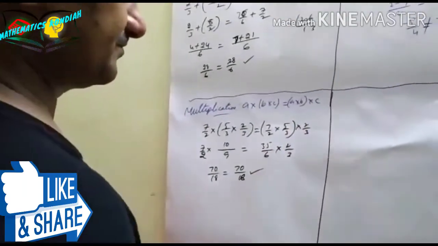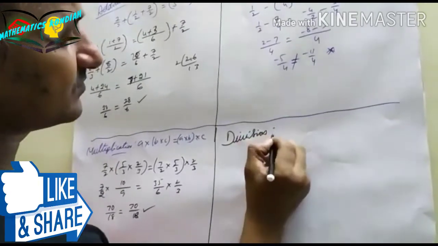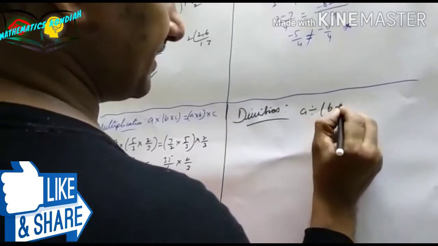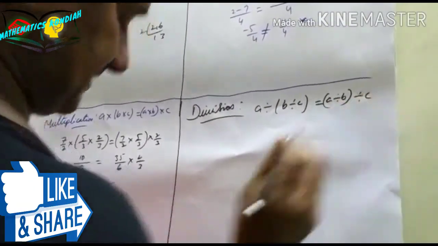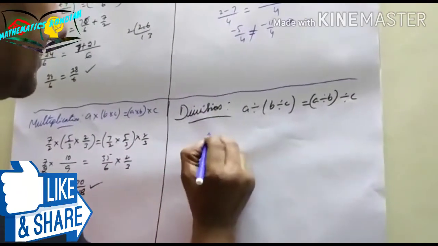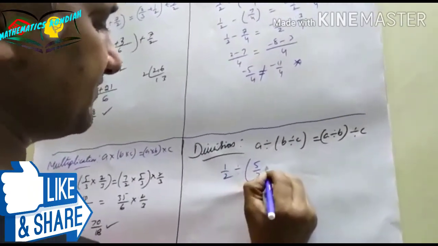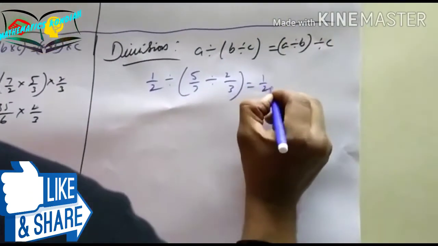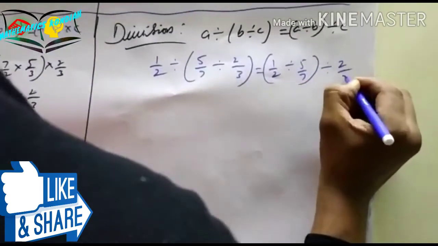Go to division. What is division? Already well known to you. Therefore, (A divided by B) divided by C is not the same as A divided by (B divided by C). For example, take 1 by 2, 5 by 7 and 2 by 3: (1 by 2 divided by 5 by 7) divided by 2 by 3, and 1 by 2 divided by (5 by 7 divided by 2 by 3).